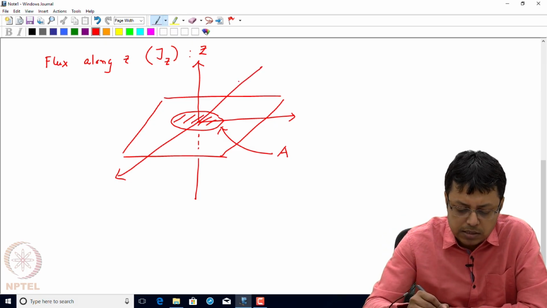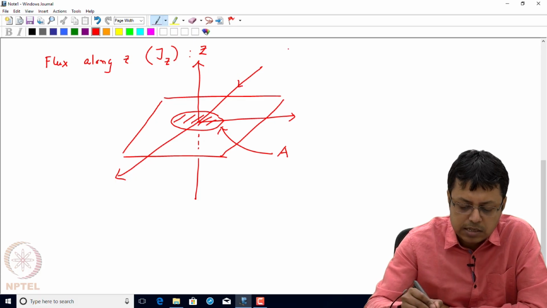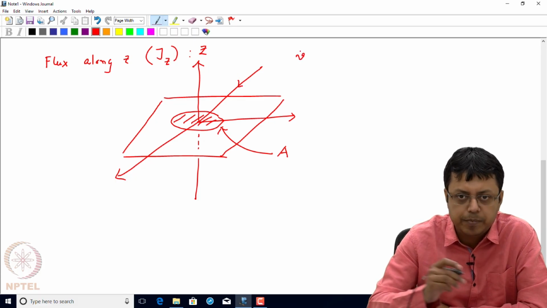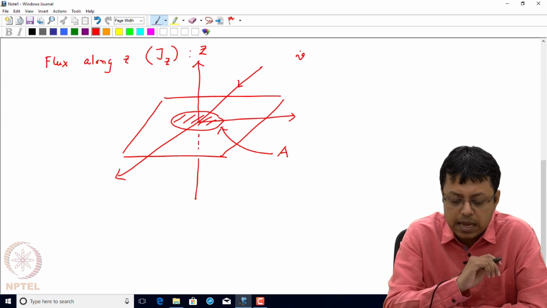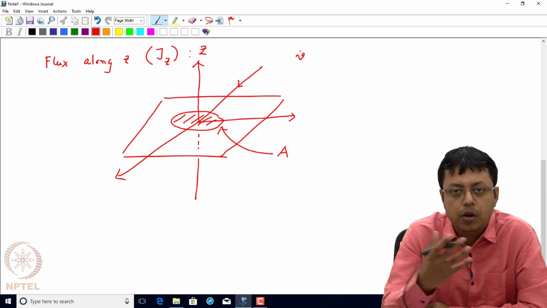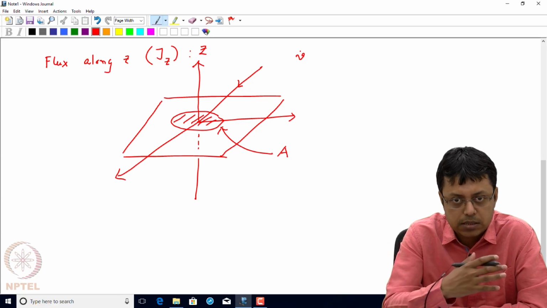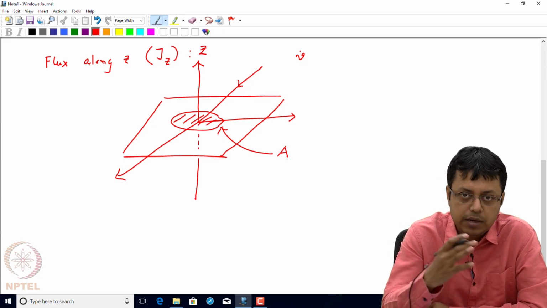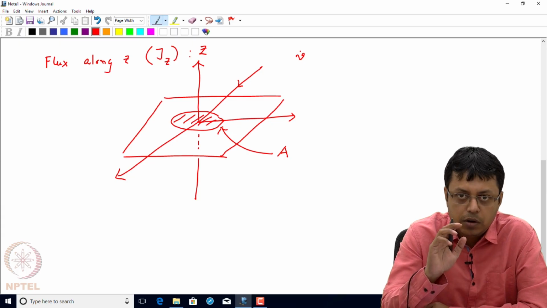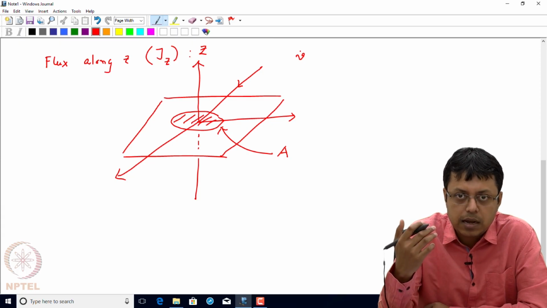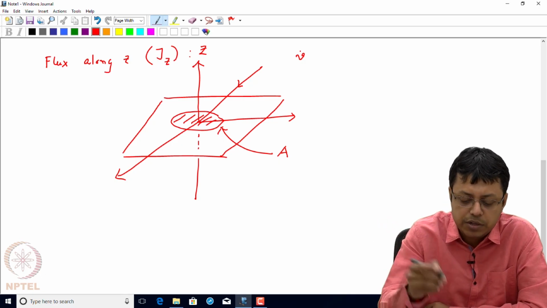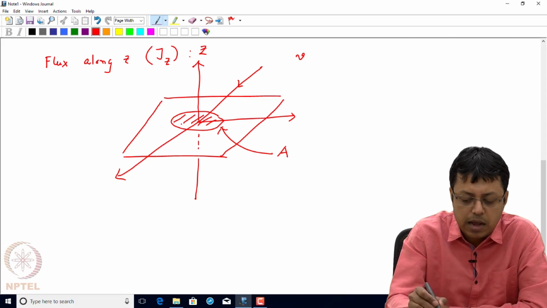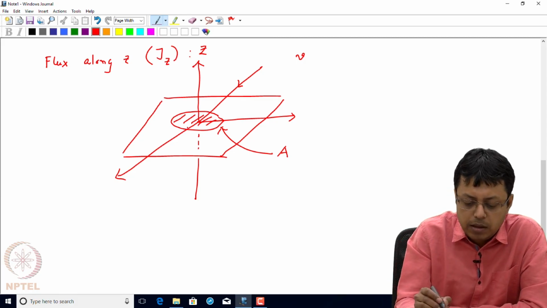Suppose this molecule has a speed of, say, v. The question we are asking is how many molecules are going to pass through this surface per unit area per unit time. In order to understand that, let us suppose that a set of molecules have speed v in this direction, which are striking this area and coming from the top.